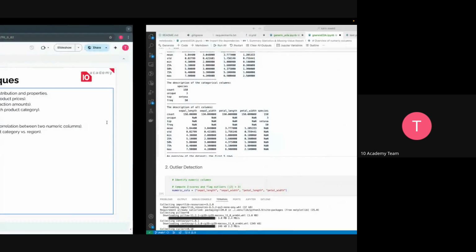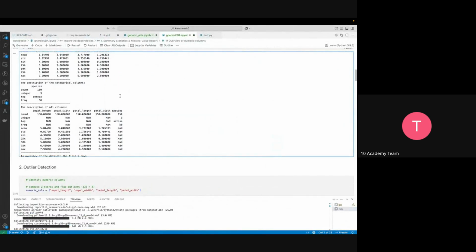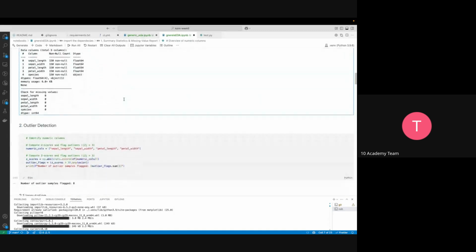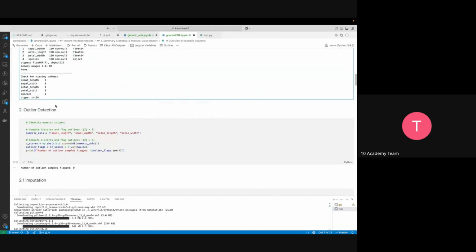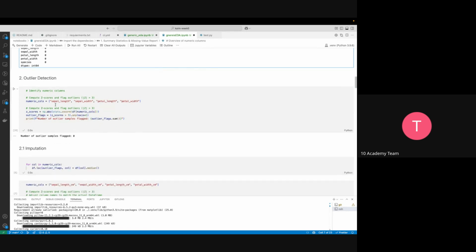Okay. So we have seen the data profiling. Now let's move to the EDA. The first thing that we should do is identify outliers. As I have explained earlier, we're going to be using the z-score, which measures how many standard deviations each point is from its mean value.